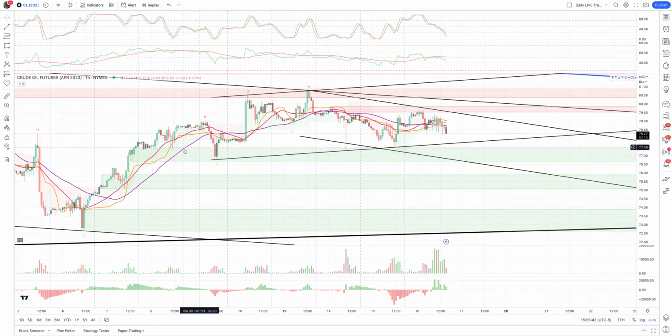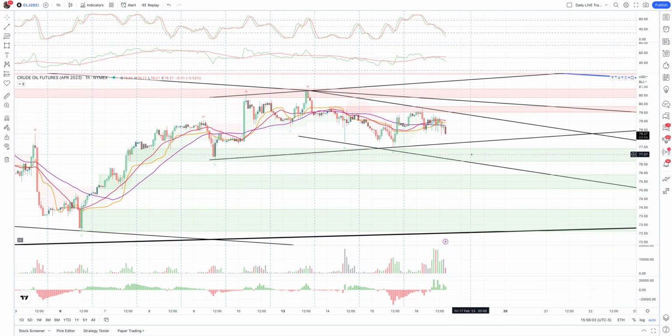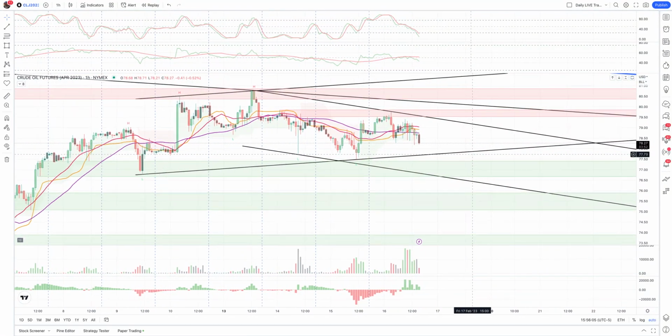When you get a price zone here with a channel structure that accommodates it, that's where you're going to find your greatest strength. Does it mean that price can't go through it? No. But it means that price is likely to hesitate in that area.